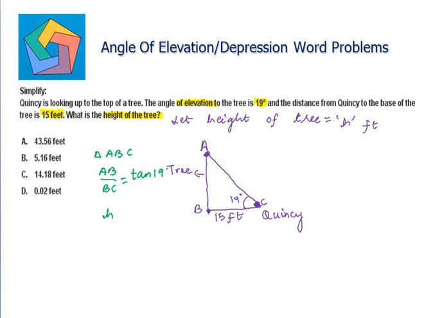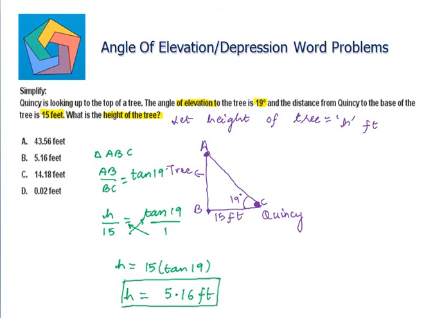AB is h, BC is 15. This is equal to tangent 19 by 1. Cross multiplying, h is equal to 15 times tangent 19. So h will be approximately 5.16 feet, which is the answer in the B part.